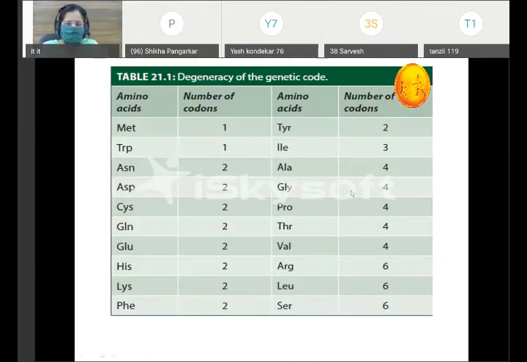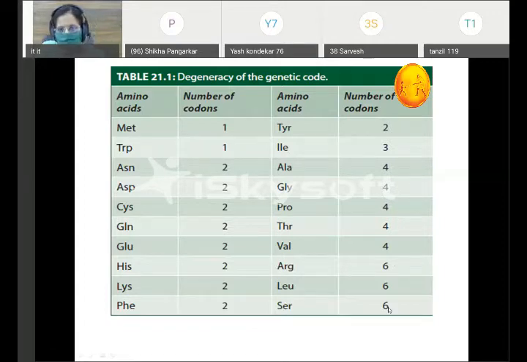Now coming to next. This is how the degeneracy of genetic code can be explained. You can see here methionine has one codon, tryptophan has one codon. On the right side, tyrosine has two codons. Then isoleucine has 3 codons, alanine has 4 codons, glycine 4, proline, threonine, valine 4 codons each, arginine, leucine and serine 6 codons each.